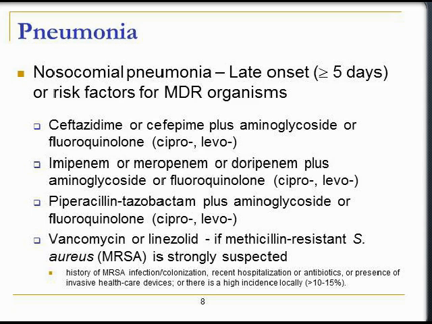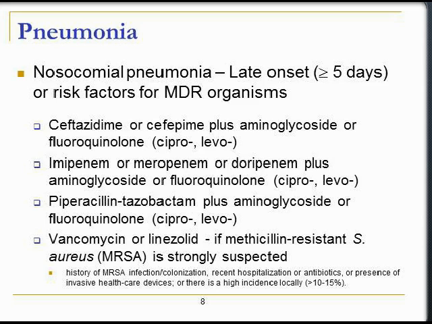So this first example here is the cephalosporin, so either ceftazidime or cefepime, plus either an aminoglycoside or a fluoroquinolone. So a beta-lactam, which works on cell walls, plus an agent that's going to work within the nucleus, either an aminoglycoside or a fluoroquinolone. Now you can use a different anti-pseudomonal beta-lactam, like a carbapenem, either imipenem or meropenem or doripenem, plus again either an aminoglycoside or a fluoroquinolone.